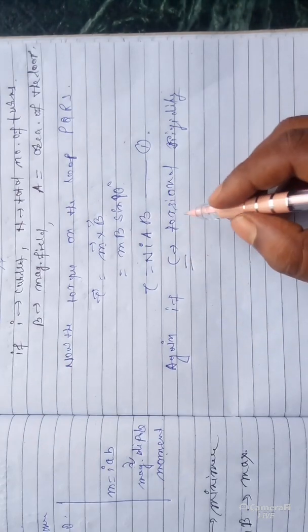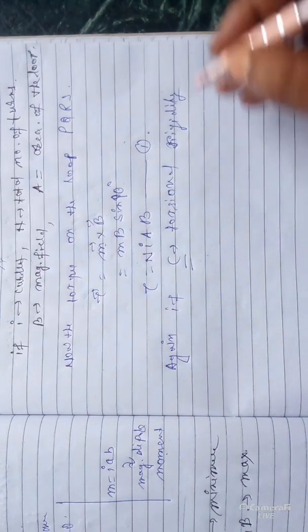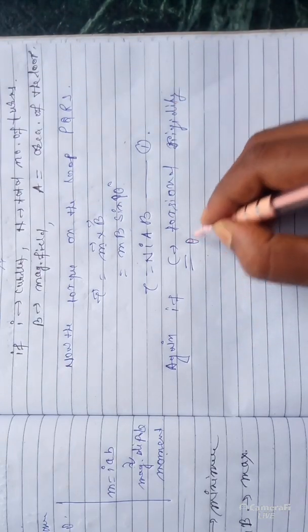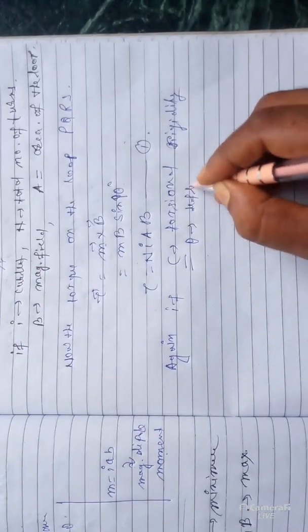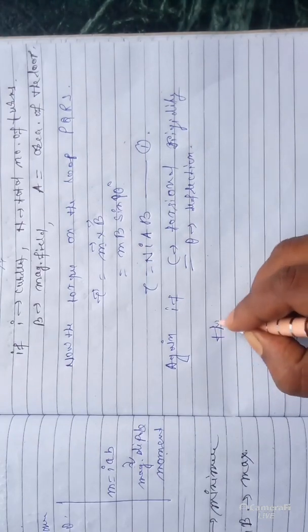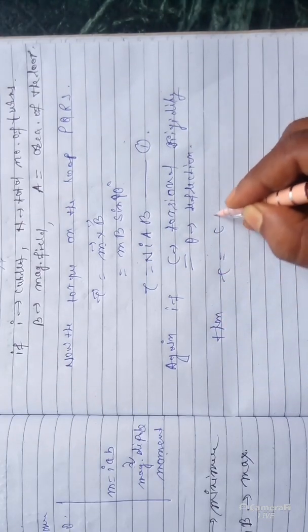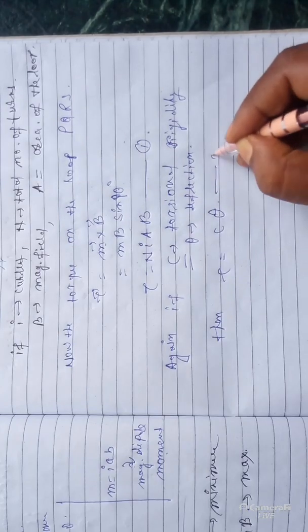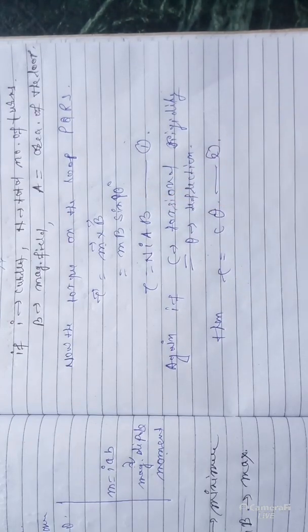So C is the torsional rigidity and theta is the deflection or angular rotation, then tau is equal to C theta. Equation number 2. Equate 1 and 2, right?